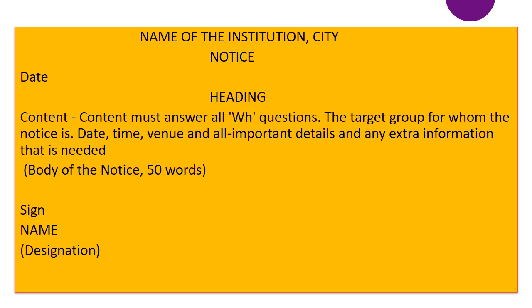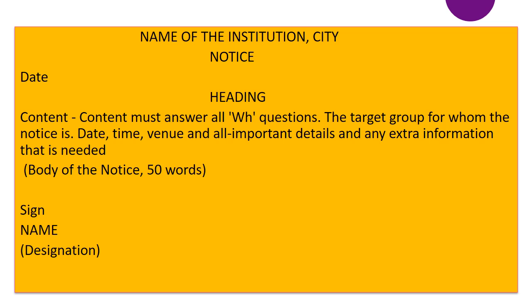For format, you are going to get 1 mark, and for this content part, you are going to get 2 marks. So in content, you have to answer all the WH questions, the target group for whom the notice is meant, date, time, venue, and all important details and any extra information that is needed.